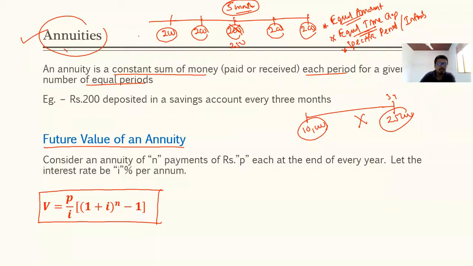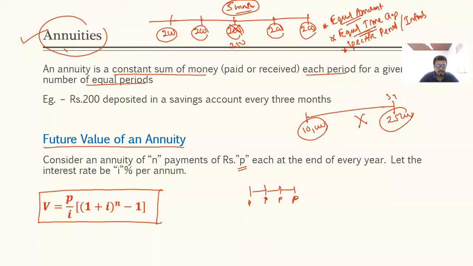If it is an annuity, in order to find the future value, we can use this formula, the future value of an annuity. Consider an annuity of n number of payments of p rupees. P means the equal amount that we are paying. After one year P, in the second year P, third year P, fourth year P, the same amount.